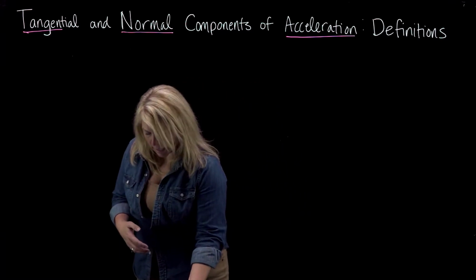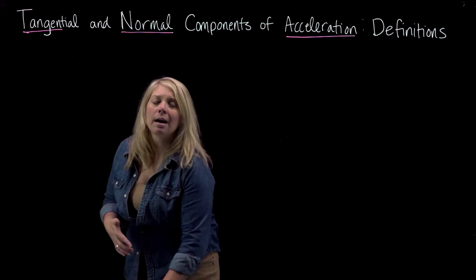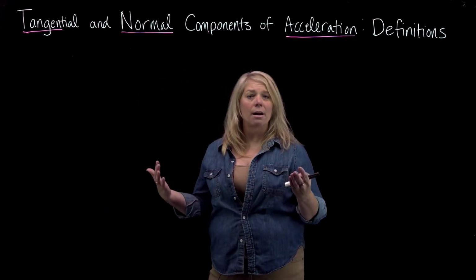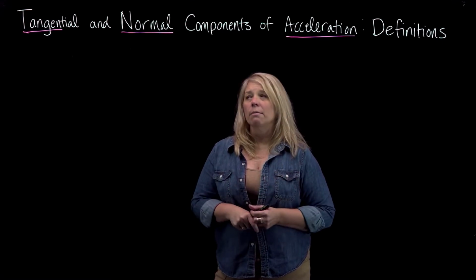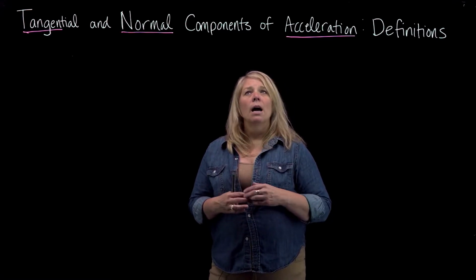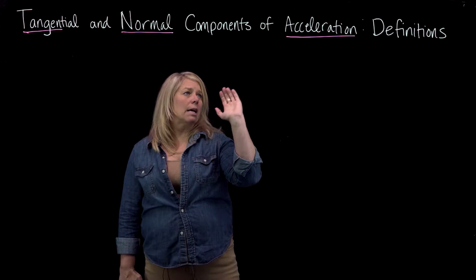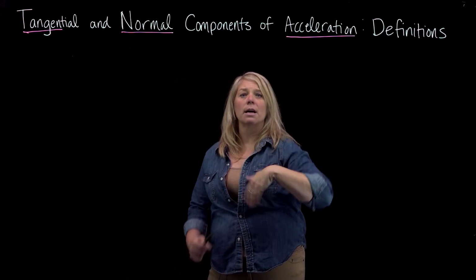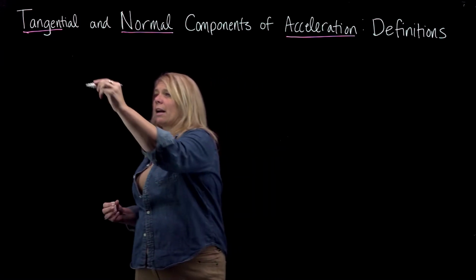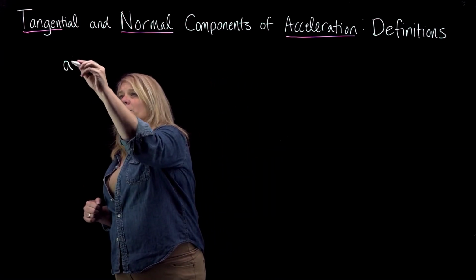All right, so we're going to just build this up based on some prior definitions and prior formulas that we have talked about previously in this chapter. So what we want to start with is our acceleration vector and relate that to these other two vectors here. So we're going to start with the definition of the acceleration vector. You should know that one pretty well.